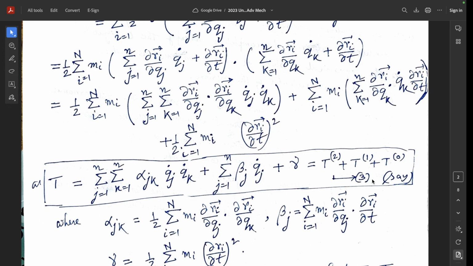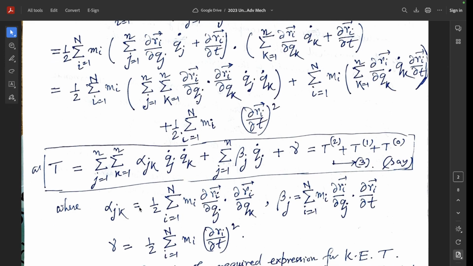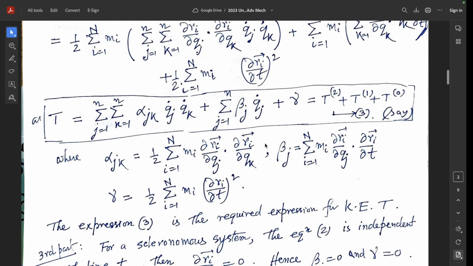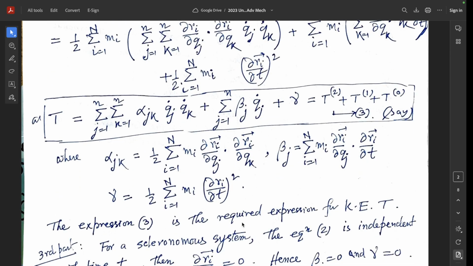This is equation 3, where alpha_jk equals half of summation over i equals 1 to capital N of m_i del r_i vector by del q_j dot del r_i vector by del q_k, and beta_j equals summation over i equals 1 to capital N of m_i del r_i vector by del q_j dot del r_i vector by del t, and gamma is half of summation of m_i into del r_i vector by del t squared. Expression 3 is the required expression for the kinetic energy T.